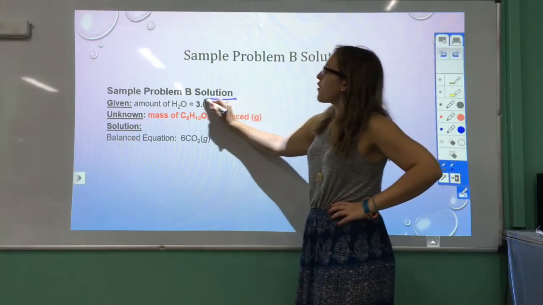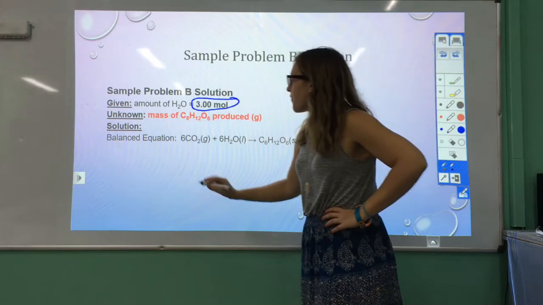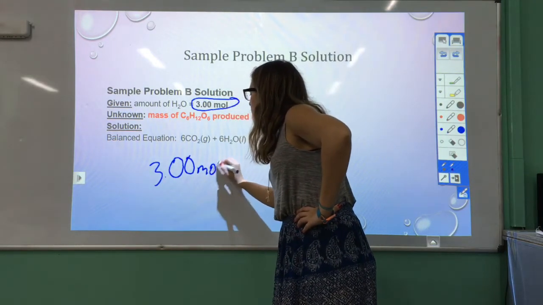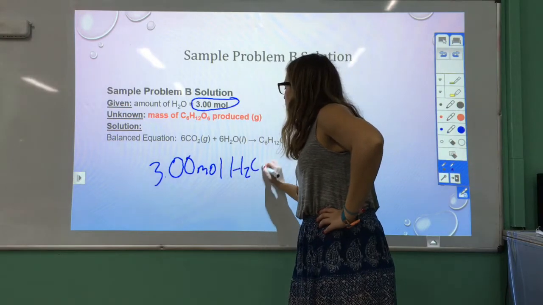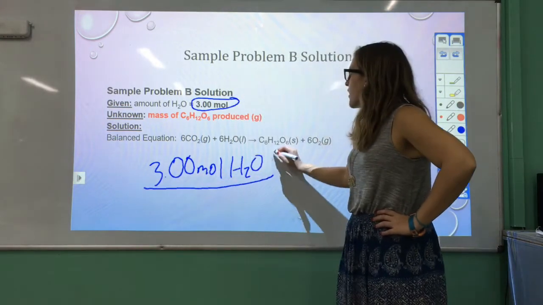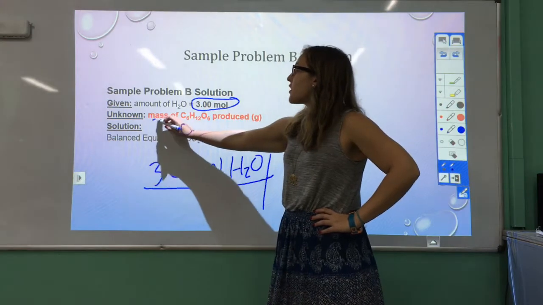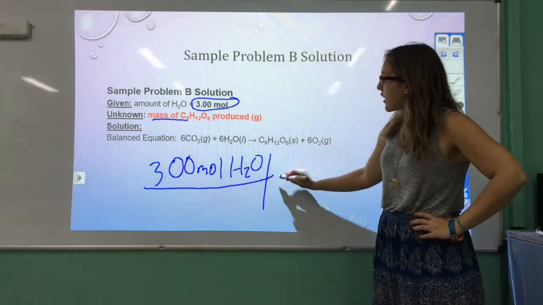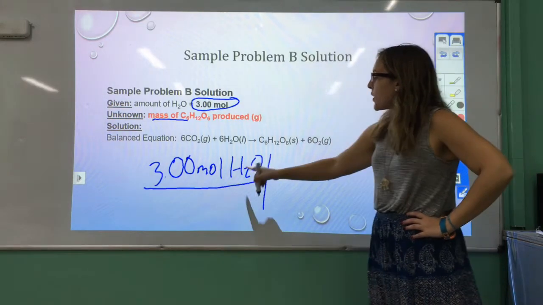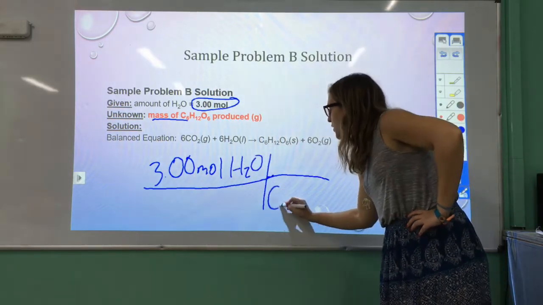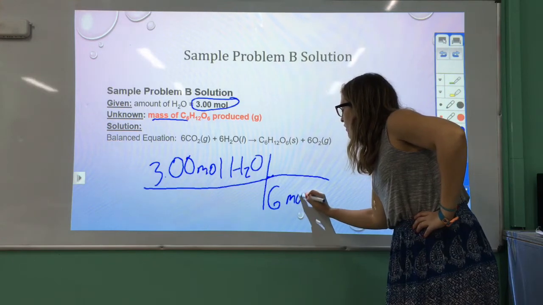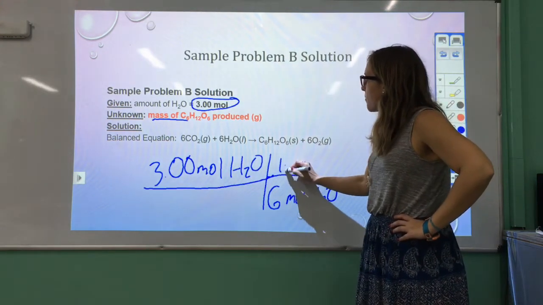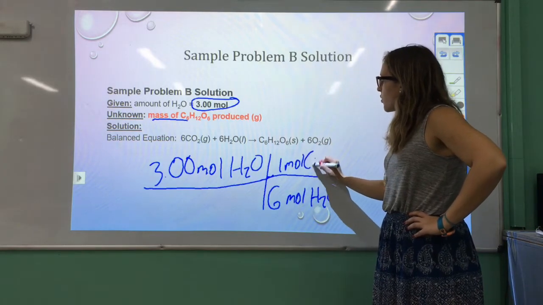So we are given 3 moles of water. Let's write that down, 3 moles of water. And we're looking for mass. So first, we need to figure out the moles of glucose. Using the equation, we can do that. We see that for every 6 moles of water, there's 1 mole of glucose.